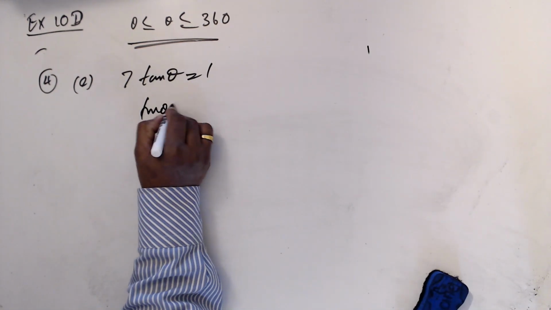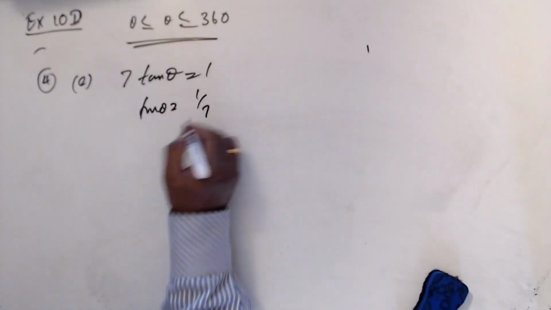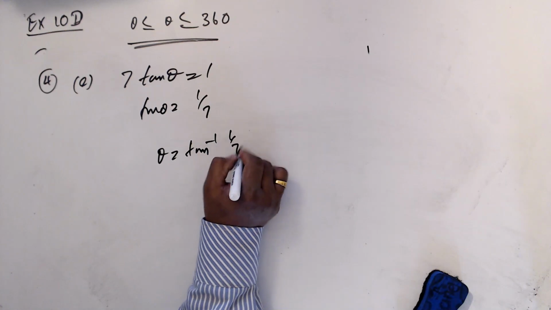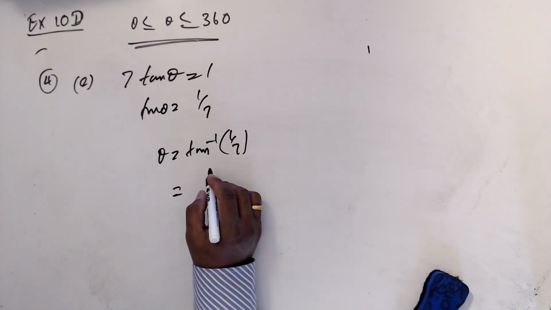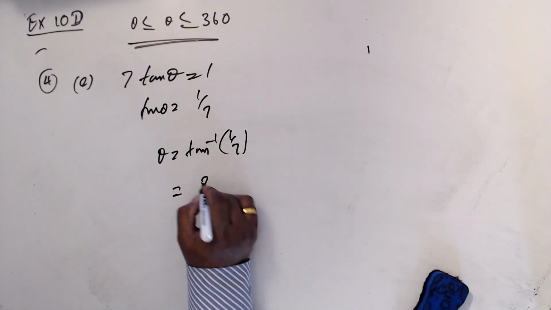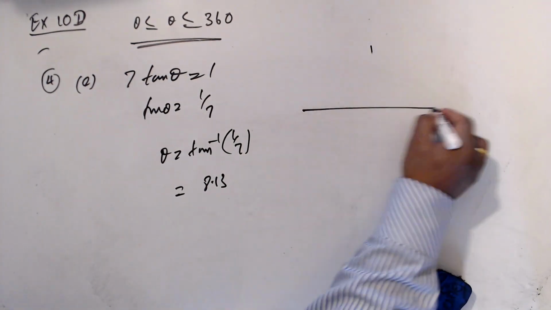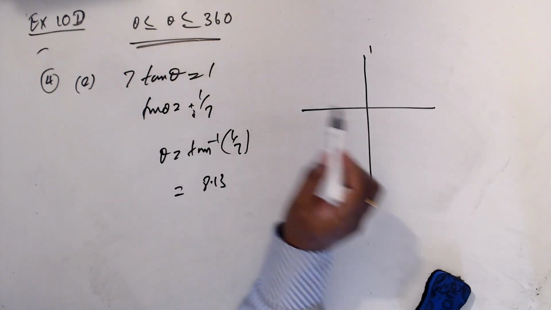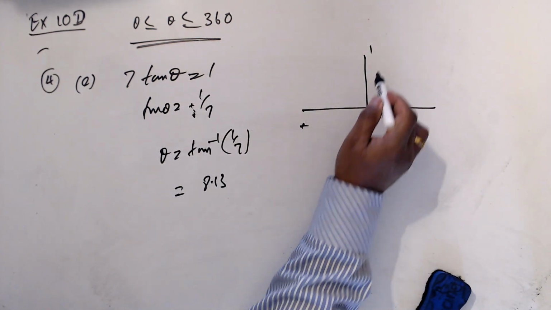So tan theta equal 1 over 7. Theta equal tan inverse 1 over 7, which is 8.13. It's an acute angle. Tan is positive on the third one and the first one.